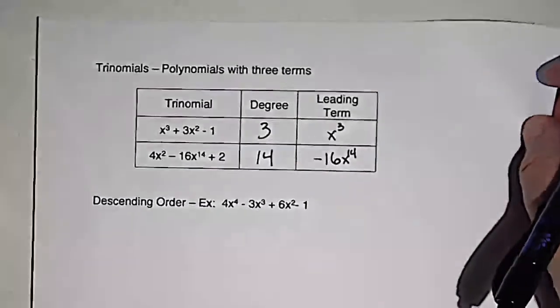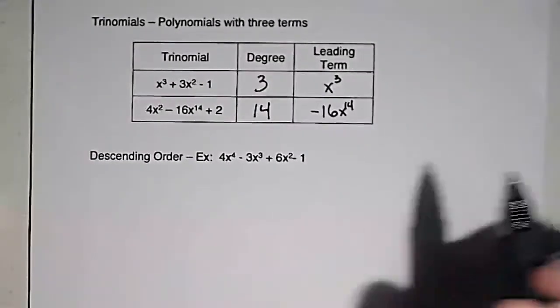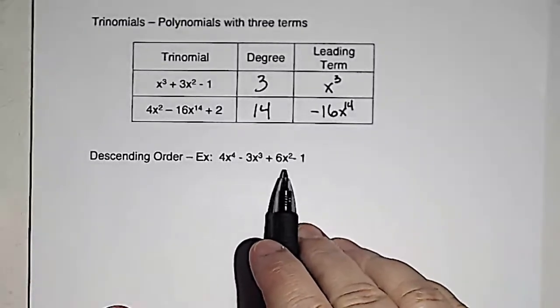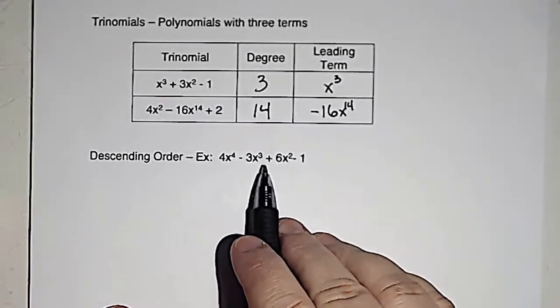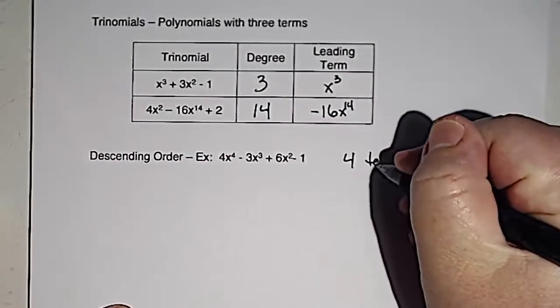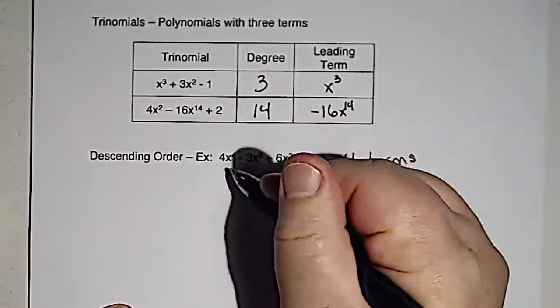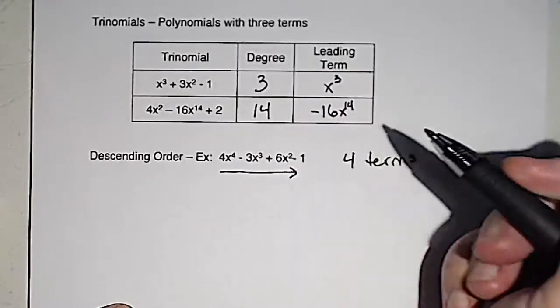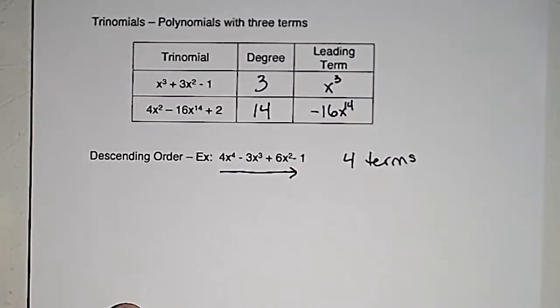Okay, one more thing to talk about. Descending order. So I'm going to say this polynomial, which has 1, 2, 3, 4 terms. And I claim that if you read through it, and again, remember we read left to right, it is listed in descending order. So what does that mean?